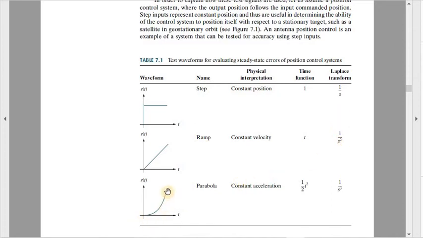Similarly, the third one is the parabolic input, which we call constant acceleration, and the time function is 1 over 2 t squared, whose Laplace transform is 1 over s cubed. These are the inputs that we normally use. We can define higher order ones as well.